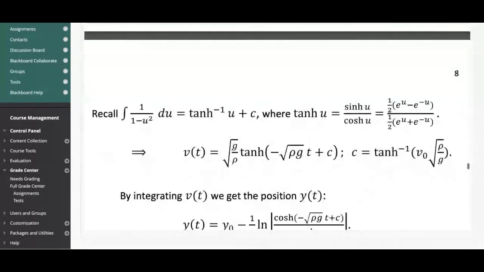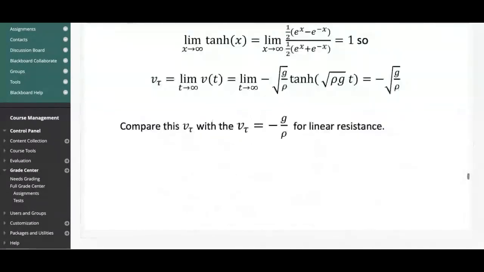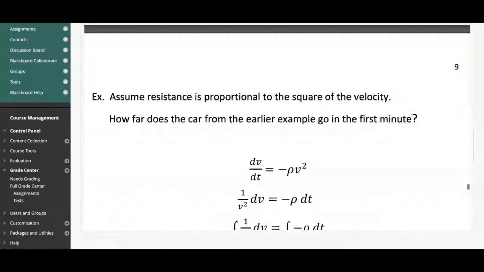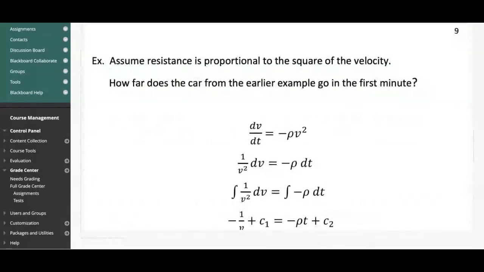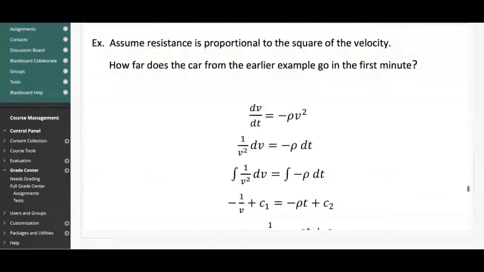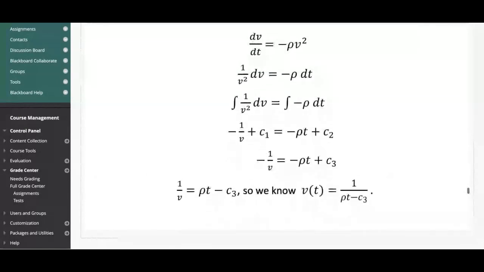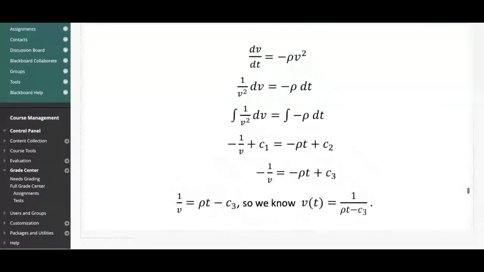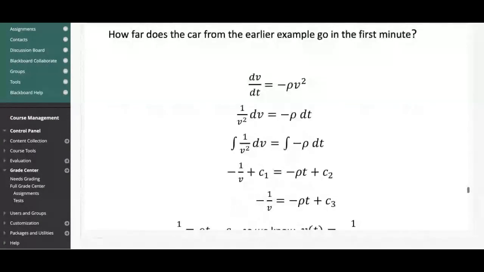Okay, let's see. I think we have shown this one enough, right?